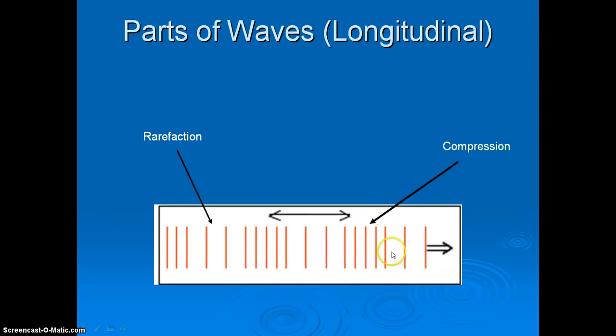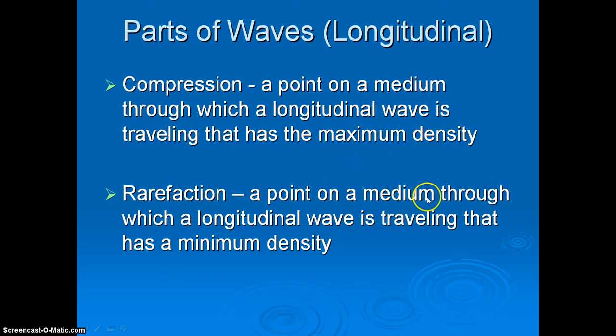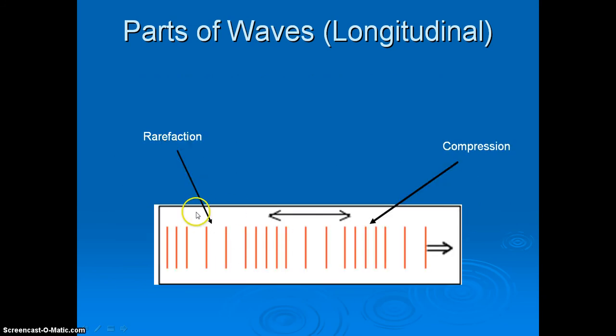So it's where my medium is very close together. The particles of my medium are very close together. When I was using the Slinky, it would be where the Slinky is pushed together as the energy moves through it. Okay? And the rarefaction is just the opposite. It's where it has the minimum density. So when I'm looking here, it would be like where my Slinky was spread apart as it was moving through.